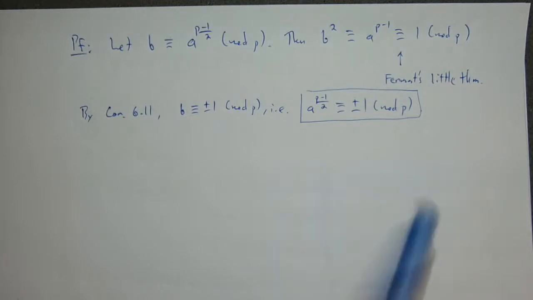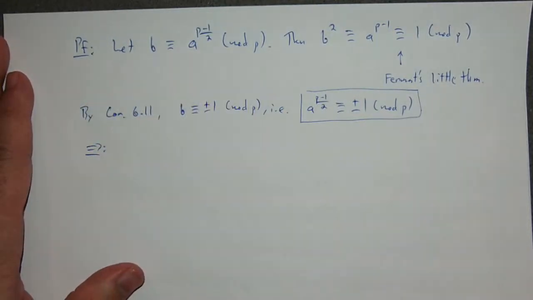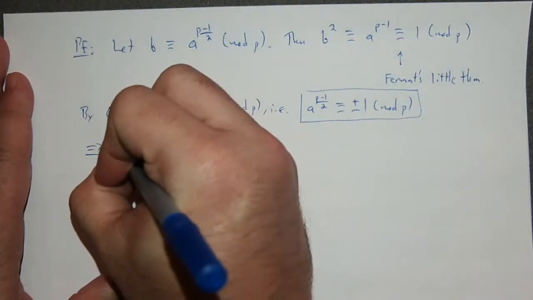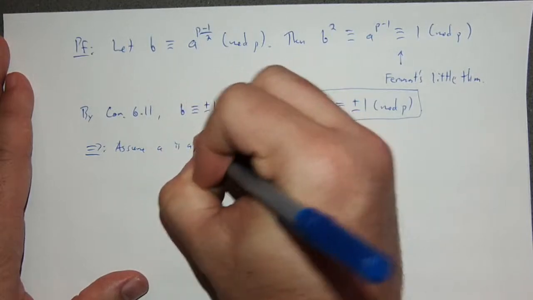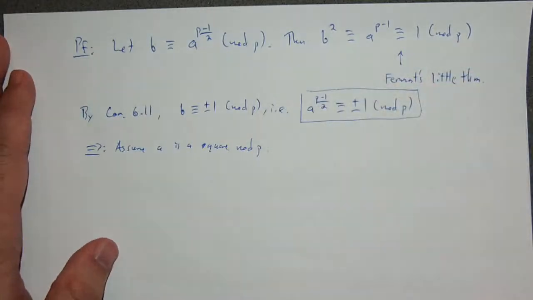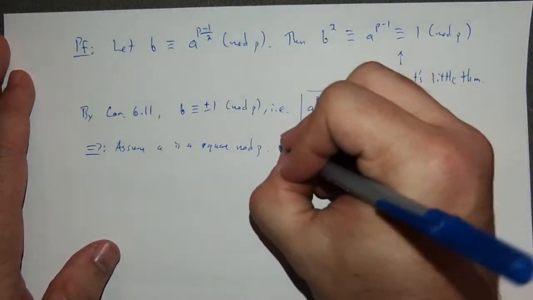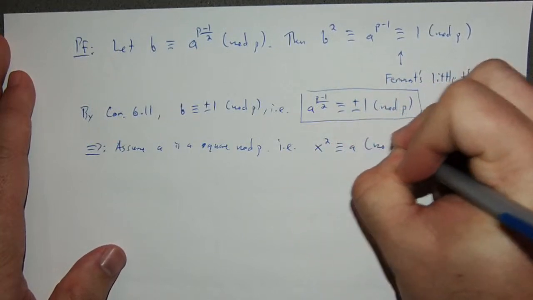So now we want to show the if and only if bit: that the plus 1 case is exactly the case when a is a square mod p. Let's do the forward direction. Assume a is a square mod p, i.e. x squared is congruent to a mod p for some x.